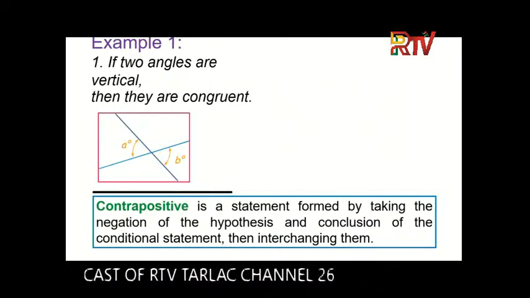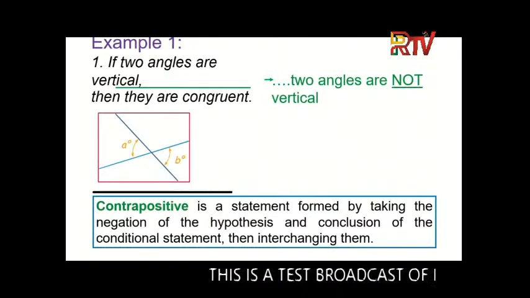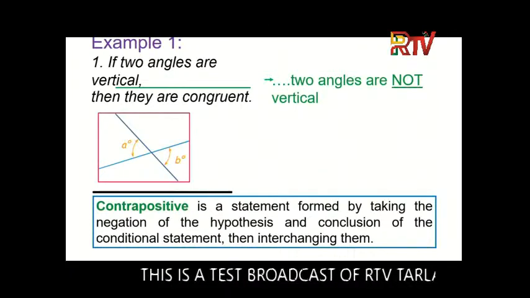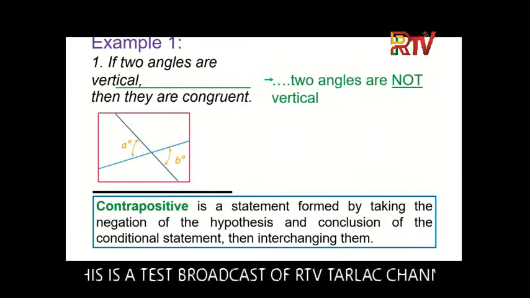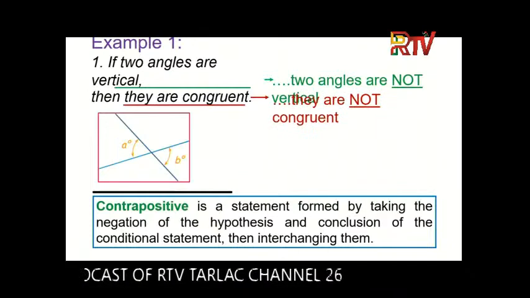First, let us write the negation of the hypothesis, which is, two angles are not vertical. Then, we write the negation of the conclusion, which is, they are not congruent.